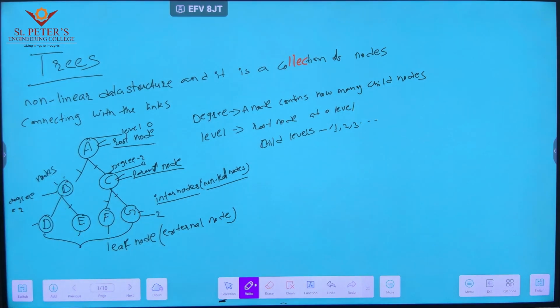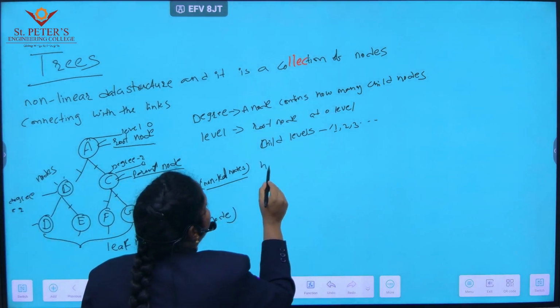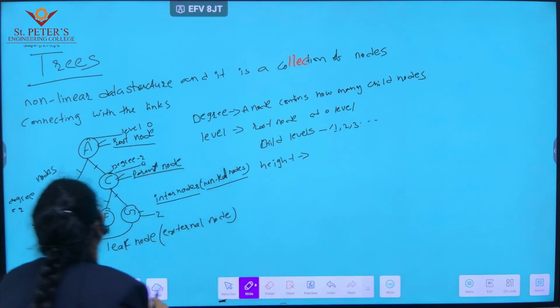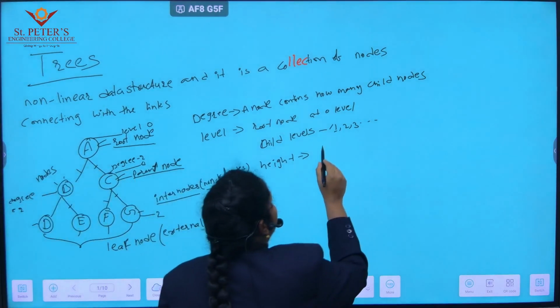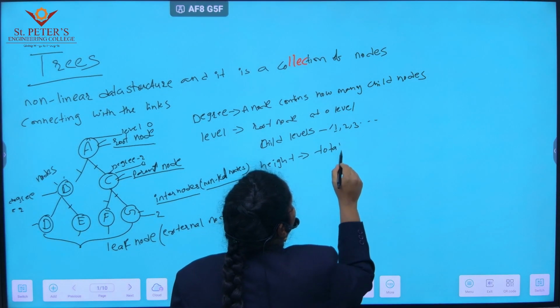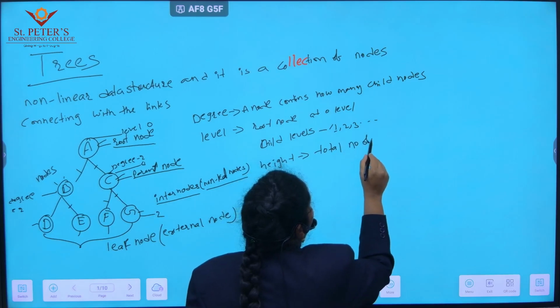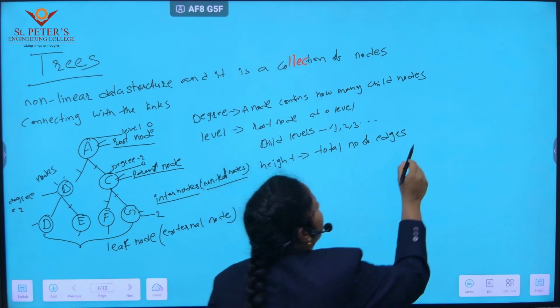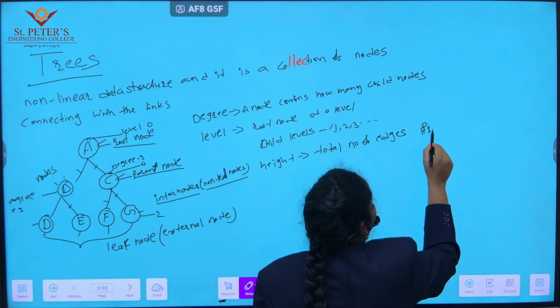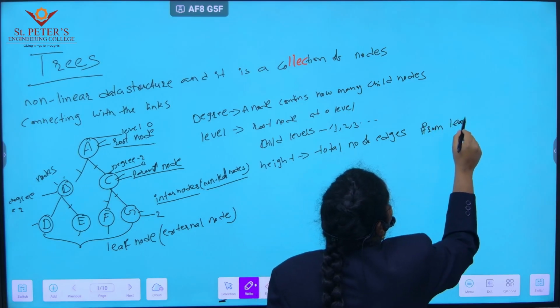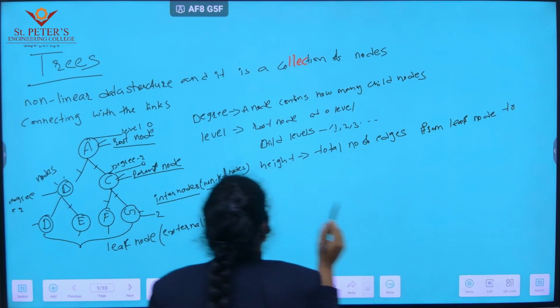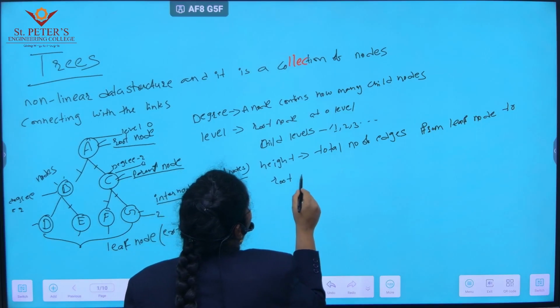Next, the height of the tree. How do we calculate the height of the tree? The height of the tree means the total number of edges from the leaf node to the root node.